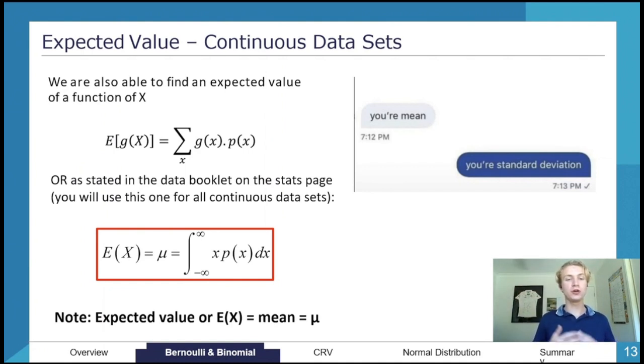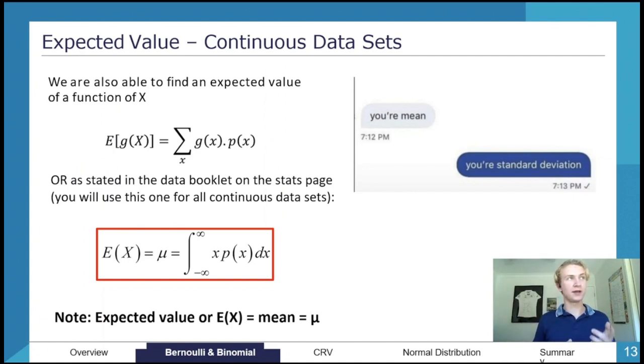Okay, so you can find this formula on the stats page in the data booklet. Essentially, what we do is we integrate between the upper and lower bounds of the function, p of x being the function here, the probability density function. When we integrate between these 2 points, this is how we find the probability.